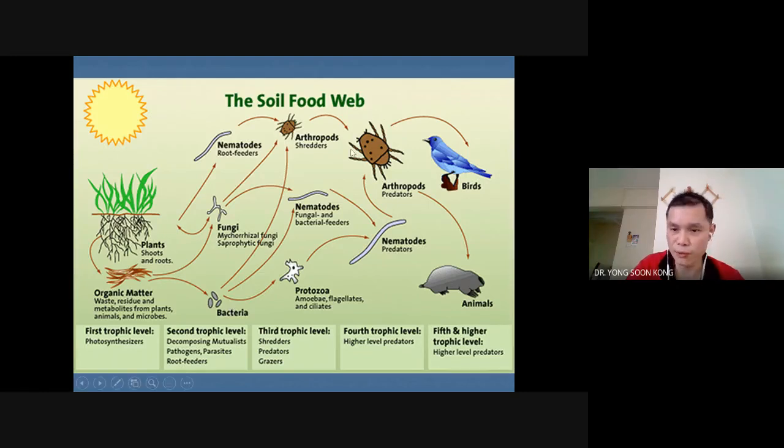This soil food web shows you that these different organisms are reminiscent of the food chain that we have for humans.